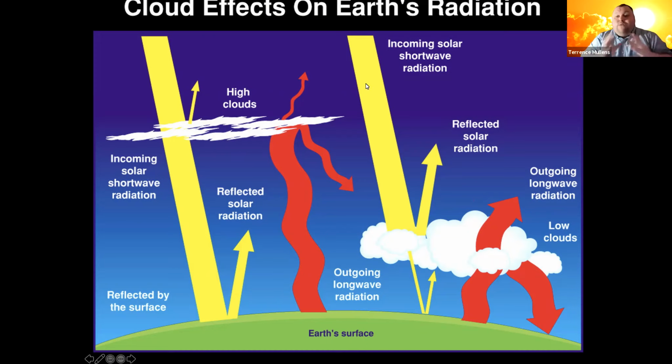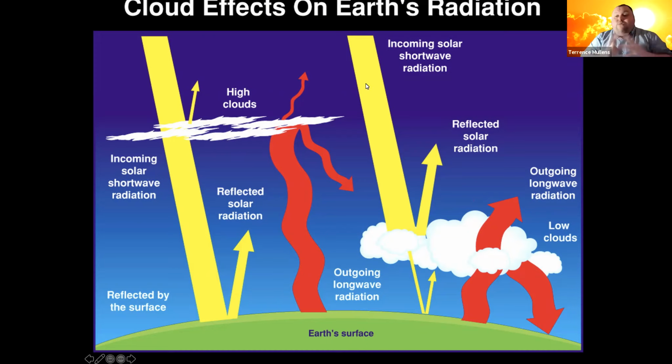Whereas low clouds do a really good job of reflecting heat, preventing it from reaching the surface, while also insulating the surface a little bit, preventing it from getting too cold. But all of that said, as clouds here on Earth change, due to changes in moisture and temperature, we're going to see more clouds.